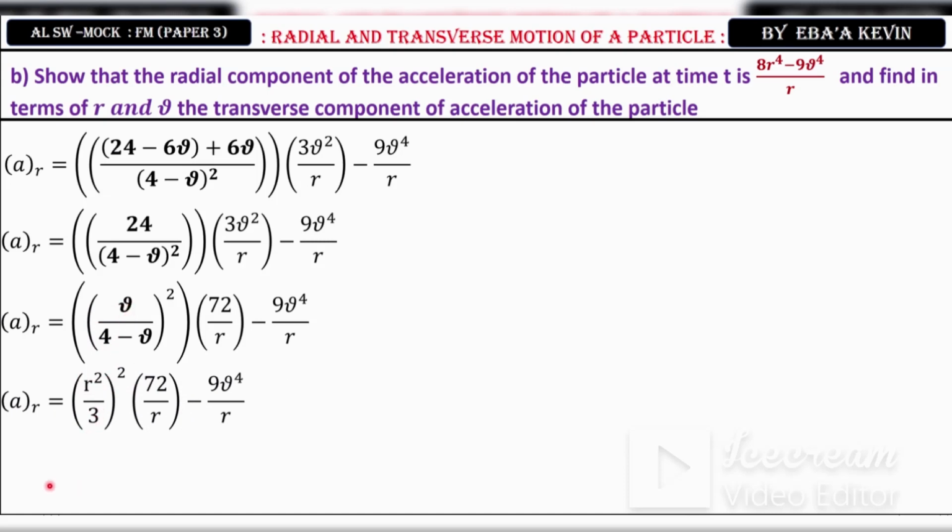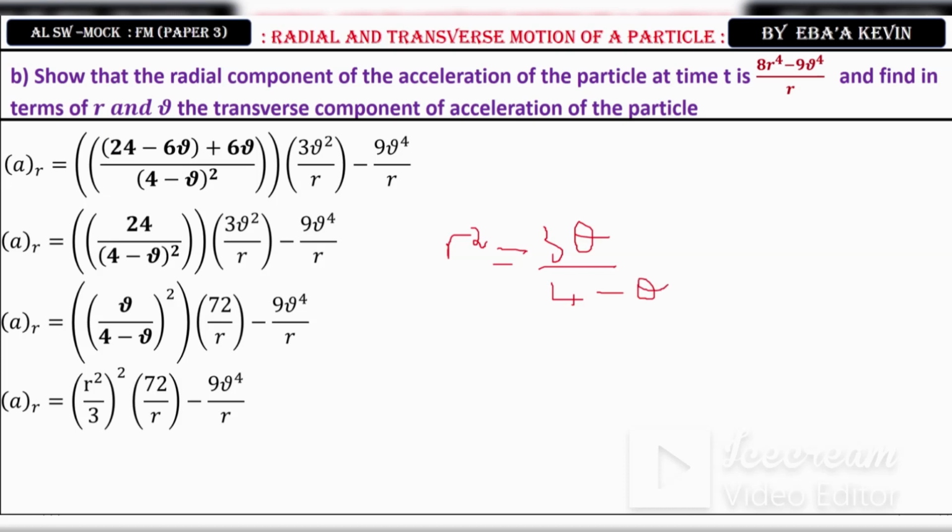Why? Because, if you still remember, we had this expression in the first program we proved: 3 theta divided by 4 minus theta.